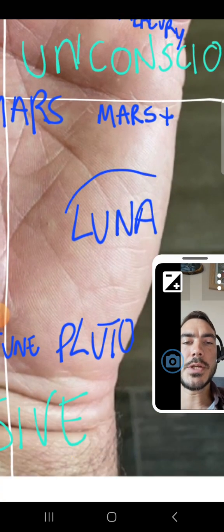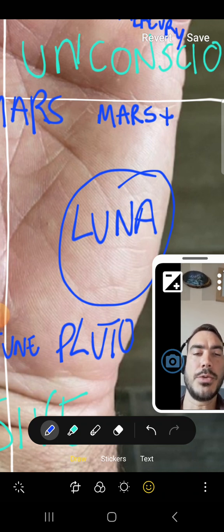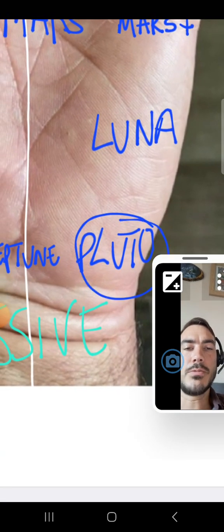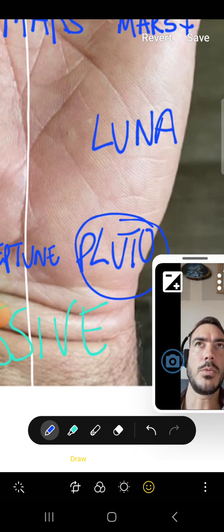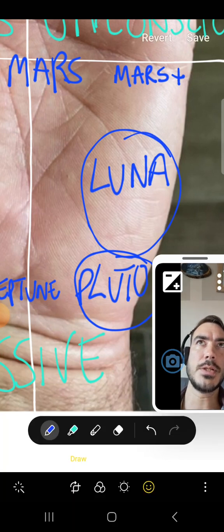Lunar is, as I say, dreams, memory, imagination and creativity. It's how we draw from our unconscious side in order to create. And Pluto is a rather unexplored part of palmistry, which is a deeper side. It's an extension of lunar, an even deeper part of memory and creativity and imagination and dreams.